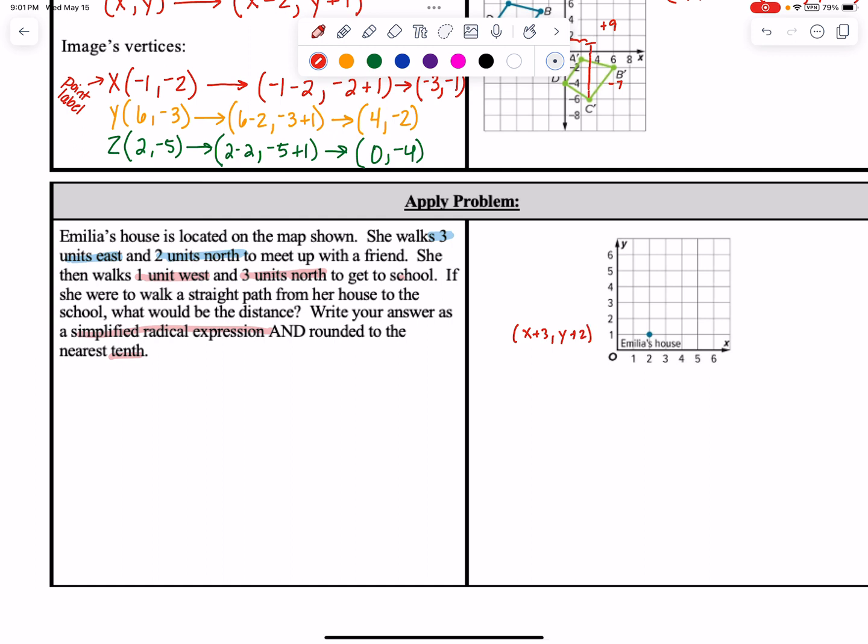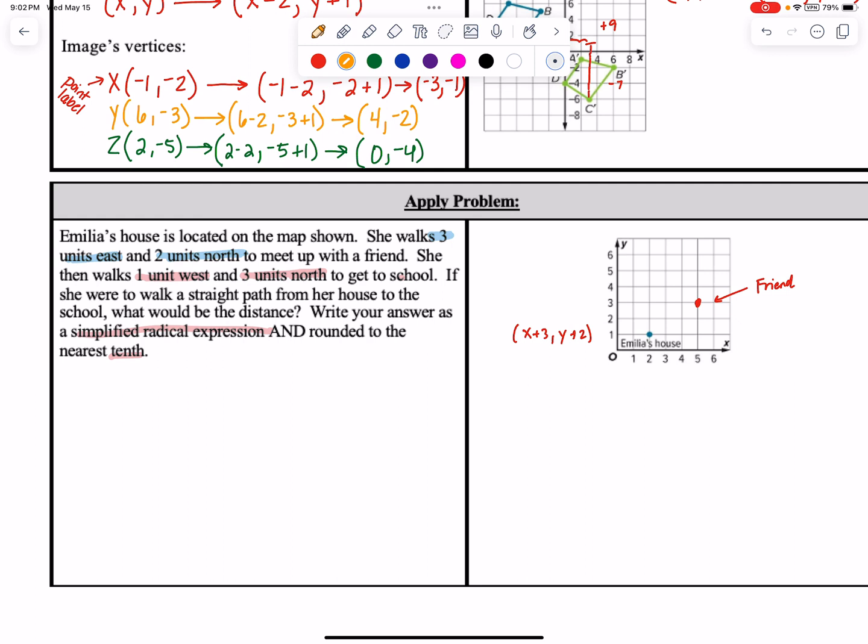So I'm going to go over 3, 1, 2, 3, and up 2, and here's my new point. So we translated, or slid, the point to that location, and this one's going to be the friend. We always want to make little notes, right? Now, she then walks 1 unit west. So we have a new move.